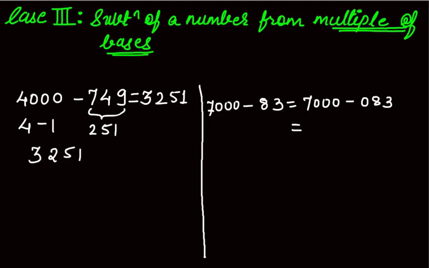Thus, 7000 minus 083 gives 6917, where we get 6 on reducing 1 from 7 and the remaining digits 917 by taking the complement of the number 083.